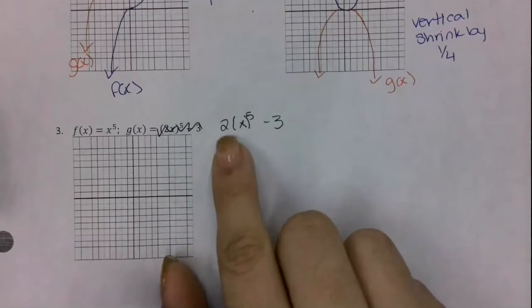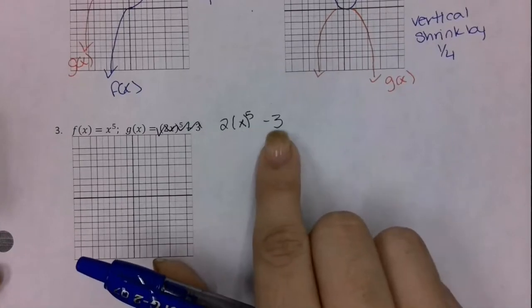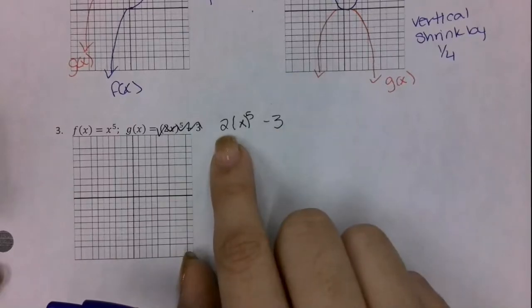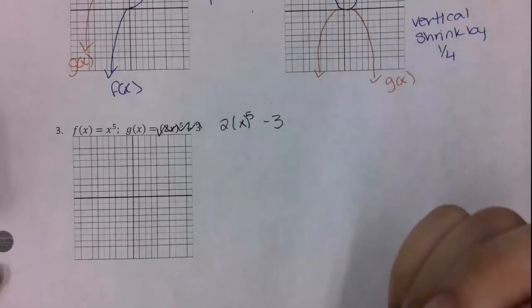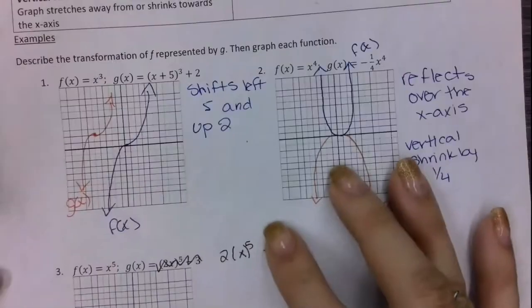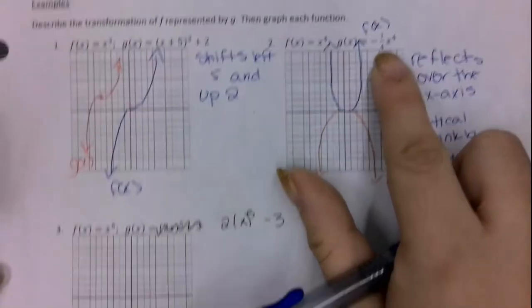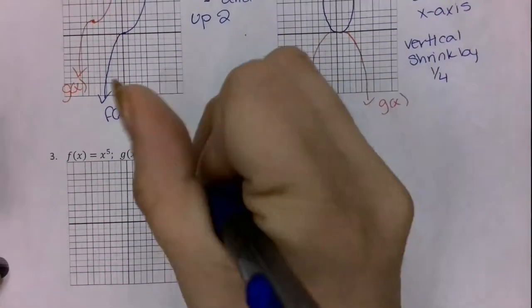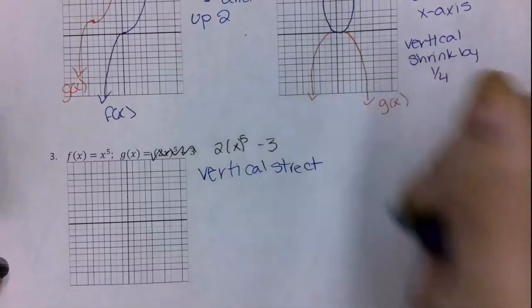What's the 2 out front doing? What was this 1/4? It was what kind of shrink? So this 2 is going to be a vertical stretch.